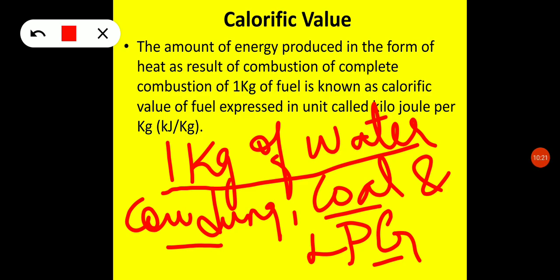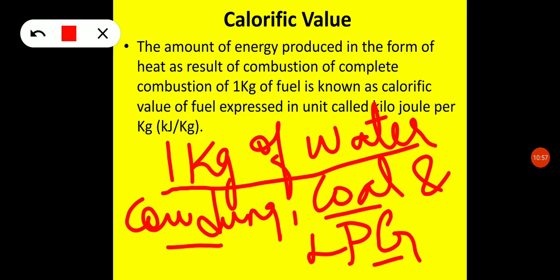Okay, that means when you take any substance and heat it, the amount of energy produced will be in the form of heat. So when you burn 1 kg of fuel, that energy is known as the calorific value. Here the unit expressed is kilojoule per kg. Kilojoule per kg is the unit of the calorific value.